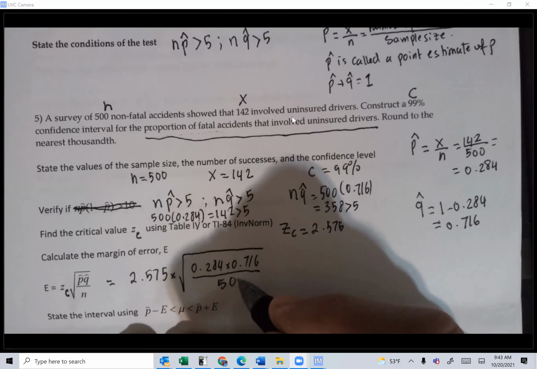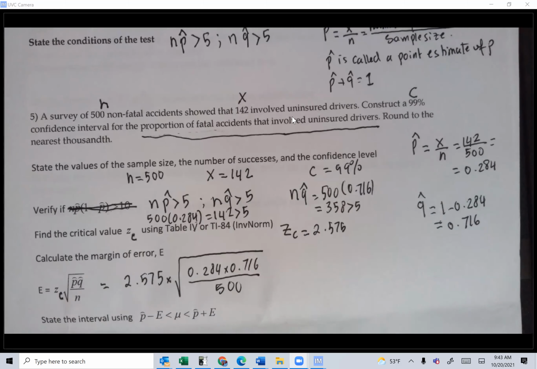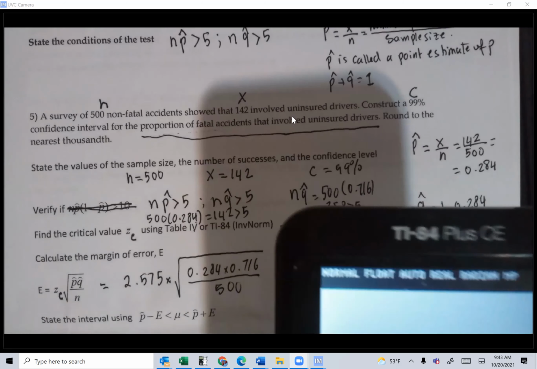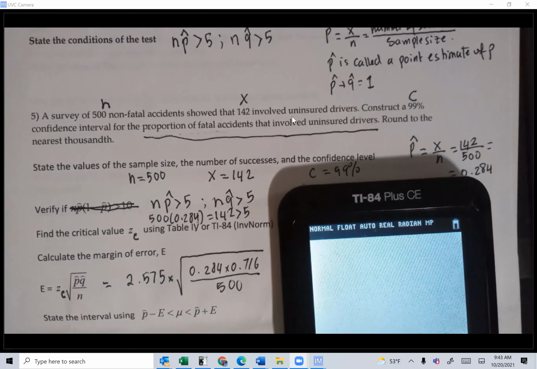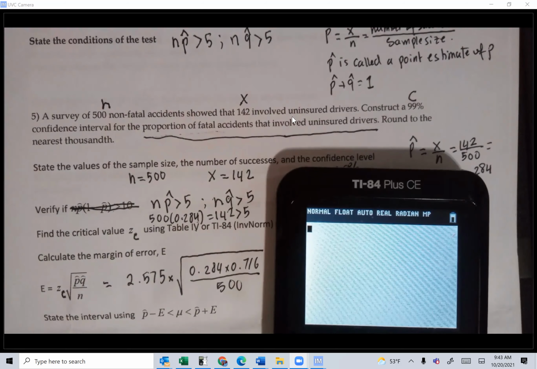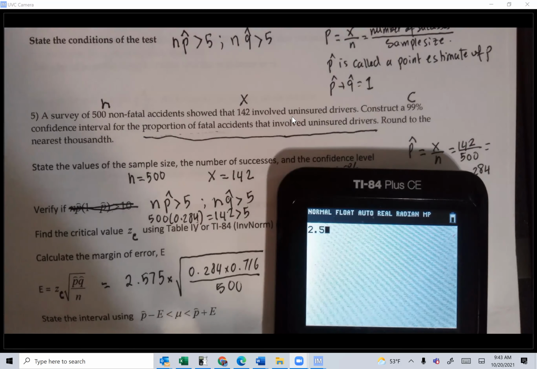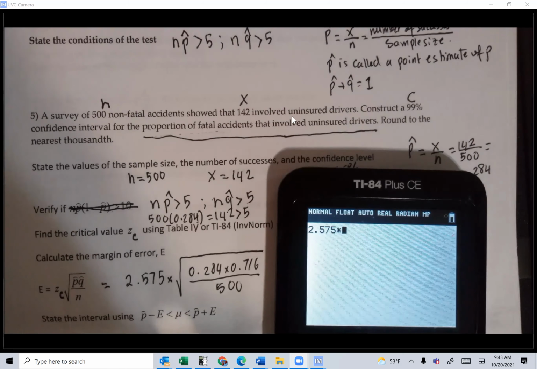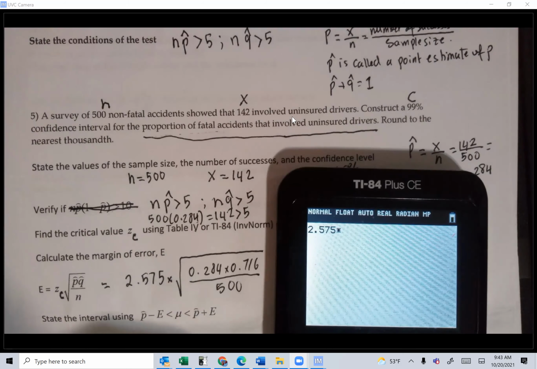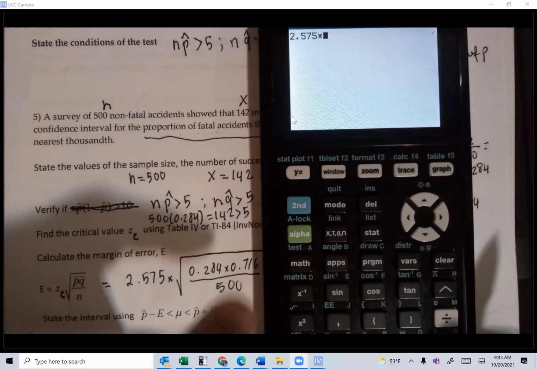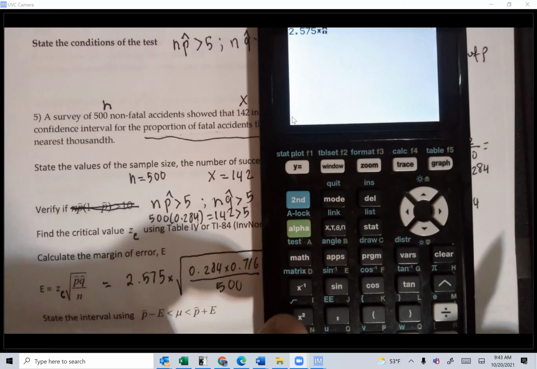And I'm gonna bring the calculator now under the screen because you have to be very careful in how you plug this into your calculator. Watch. Let's do it together. Put 2.575 first, and I will go slow with this one, times a square root. For the square root, guys, just press the second key and then x squared right here.